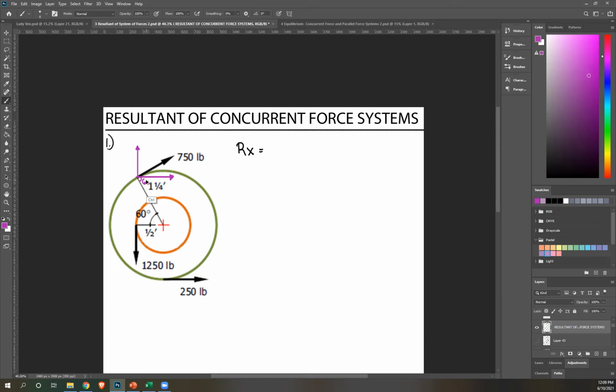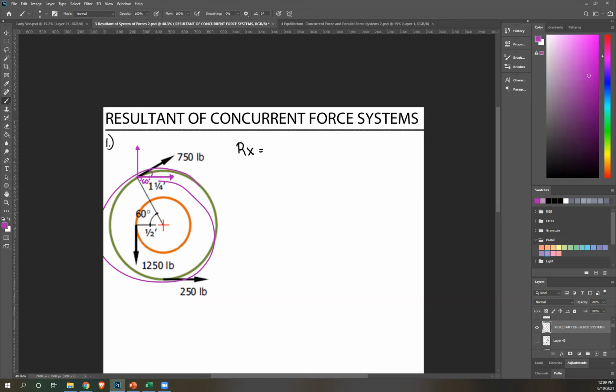Now remember, in our equation, you always want the angle to be from the x-axis, right? So my concern is getting this angle. Now, this line is actually the radius of your circle. If this force is tangential to the circle, which it should be because this is a pulley, all forces from the pulley are tangential.